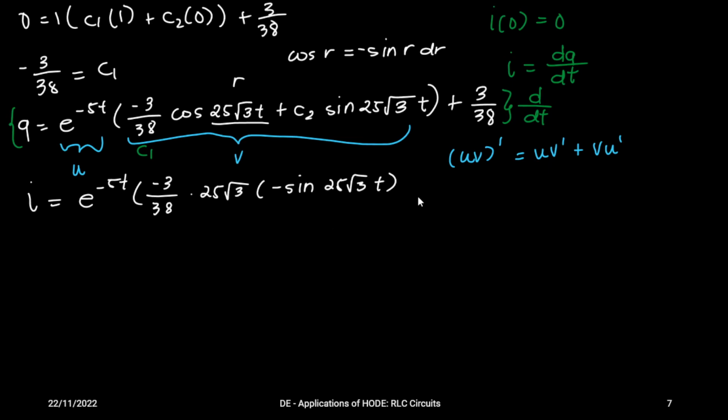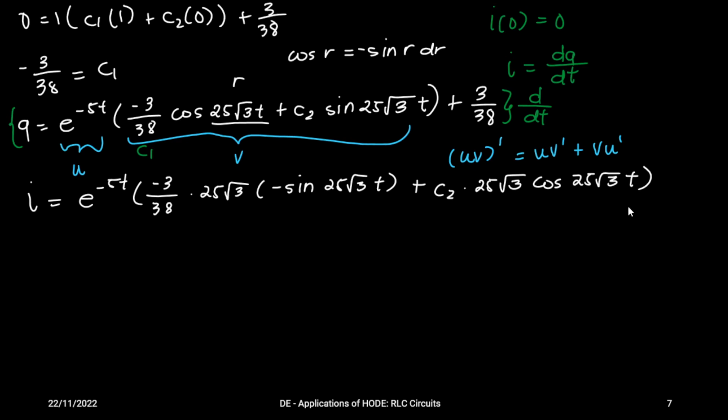Then we have plus VU prime. Sorry, not VU prime. Ito pa pala, C2 sine 25 square root of 3t. So we have C2 times 25 square root of 3 cosine ng 25 square root of 3t. Okay? So this is our V prime.